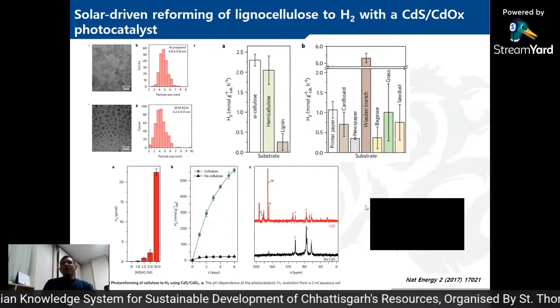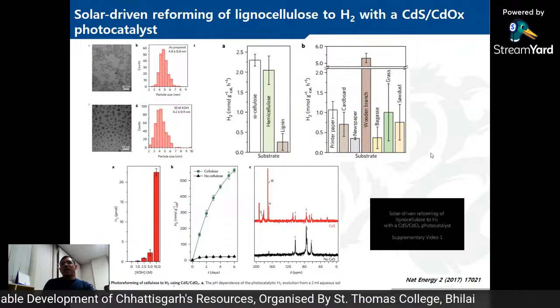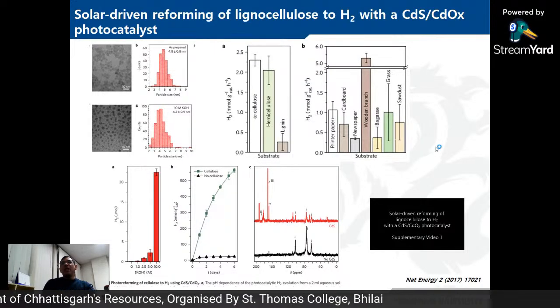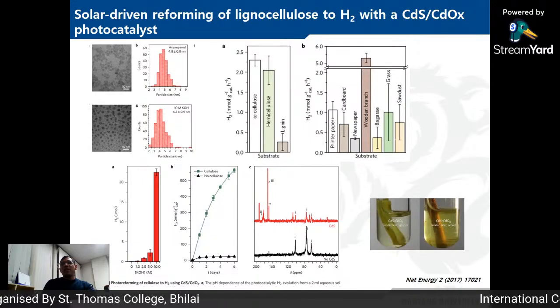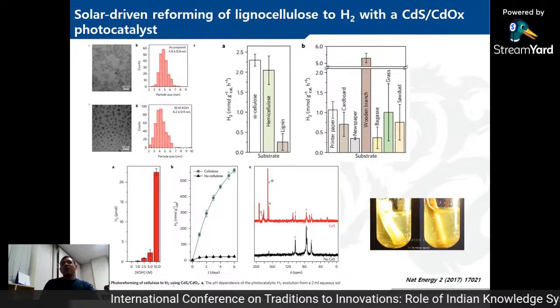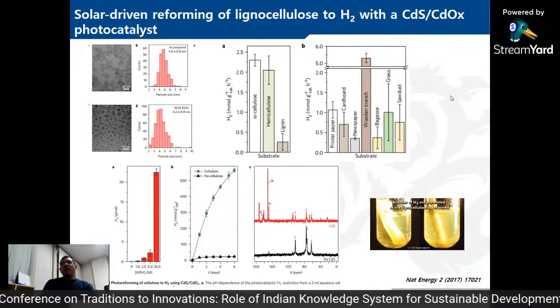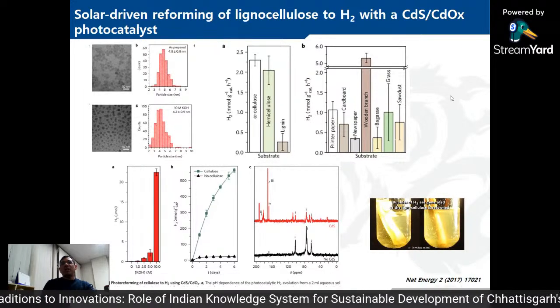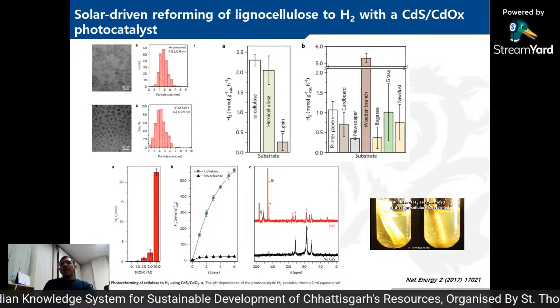Since it is on the wood surface, you can see the hydrogen evolution, and we can use the biomass also to generate hydrogen gas. Through this process, even wood branches or biomass can be used for hydrogen evolution, and it also acts as a catalyst to enhance or boost the hydrogen evolution.